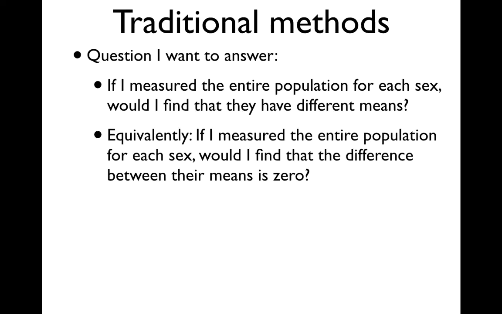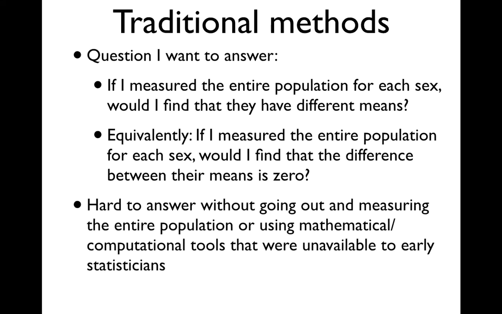Exactly the same, just talking about a difference instead of each individual mean. It's hard to answer this question without going out and doing a lot of measurement. We don't have time to measure everybody. There are ways to approximate all that measurement using computational tools that weren't available to early statisticians.